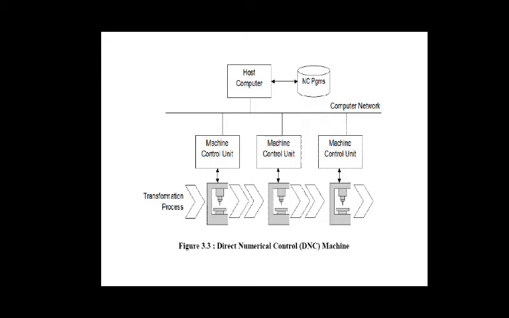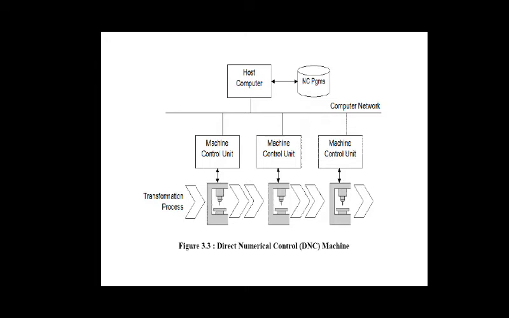Direct numerical control can be defined as a type of manufacturing system in which several NC or CNC machines are controlled remotely from a host or mainframe computer, that is control of multiple machine tools by a single mainframe computer. So the basic DNC system requires the basic components: mainframe computer, memory, communication network, NC machine tool.